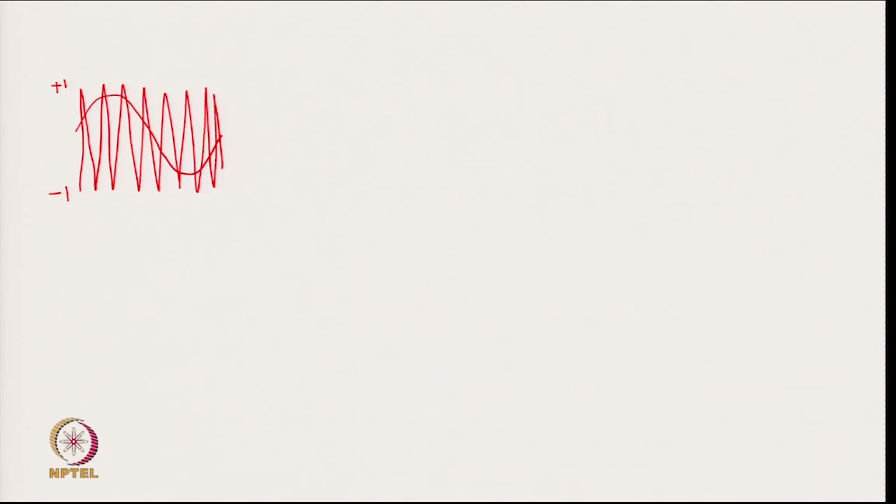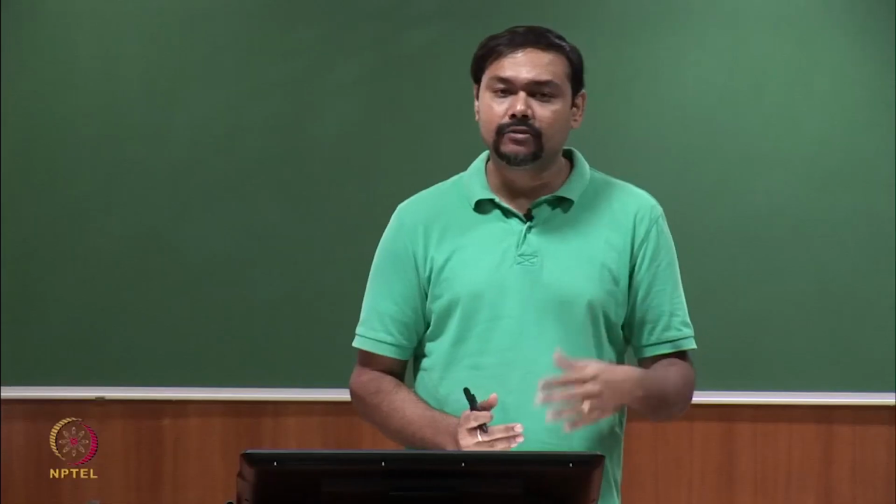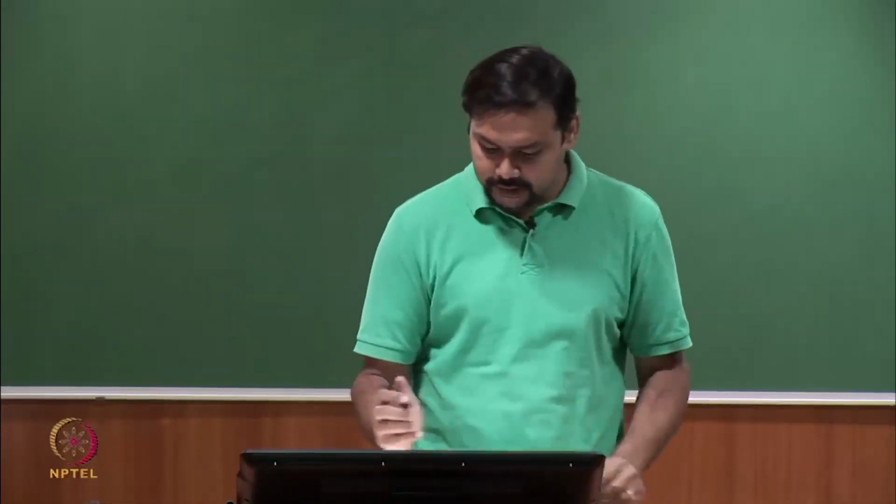When the sine wave reaches the value of 1, it touches the carrier wave, beyond which we go into over modulation, below which we are in the linear modulation range.